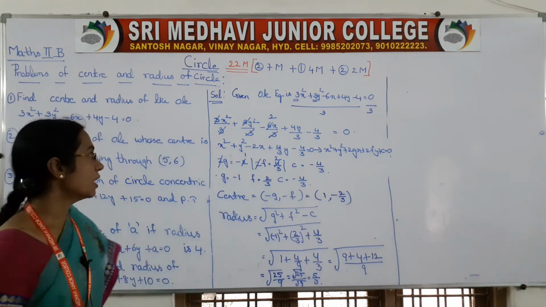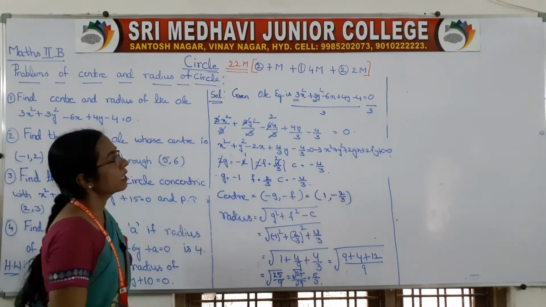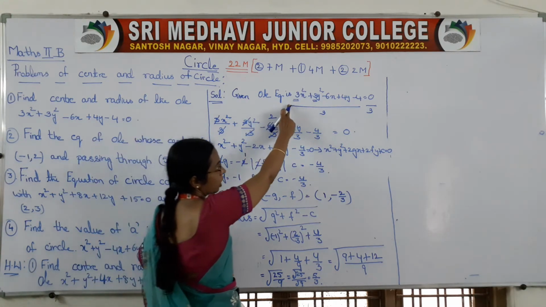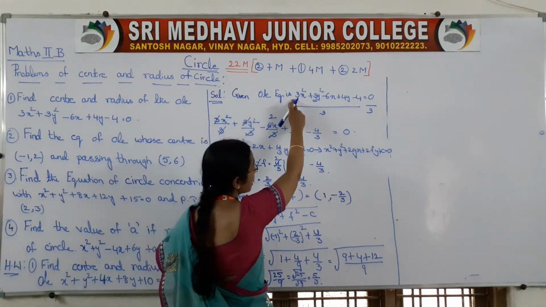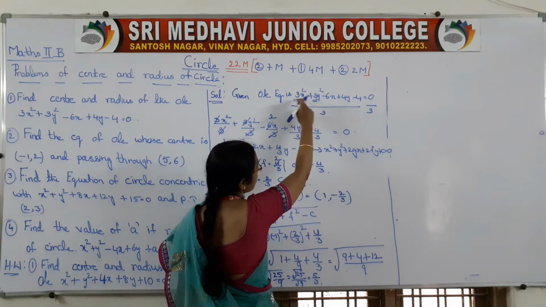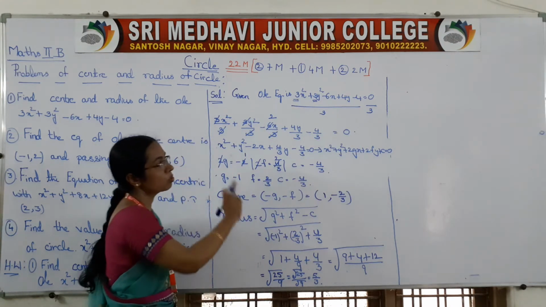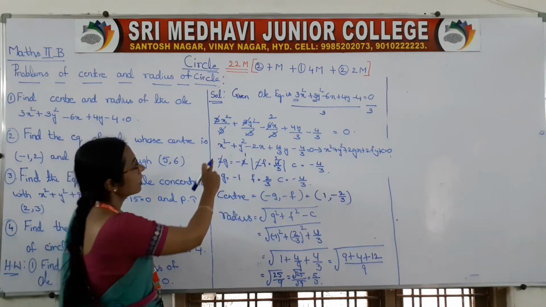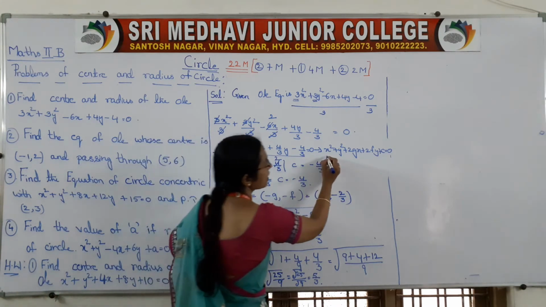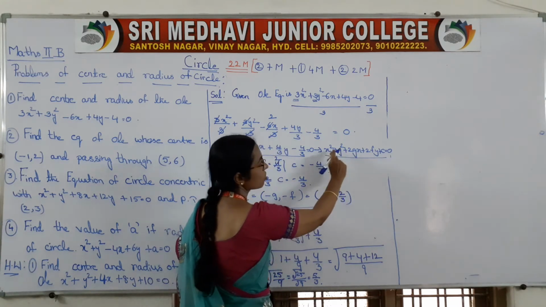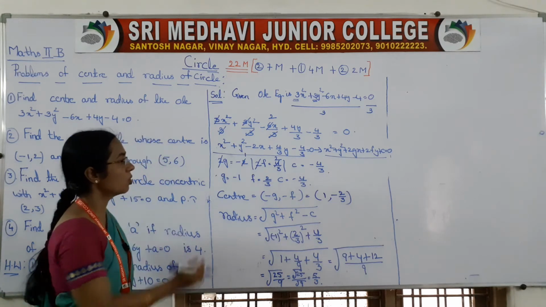So very simple. First observe the given circle equation. But here it is not in our general form. So convert it into our general form. How can we convert? Here the x square coefficient and y square coefficient is 3. That's why we have to divide the equation throughout by 3. Then we got this equation, which is exactly of general form x square plus y square plus 2gx plus 2fy plus c is equal to 0.